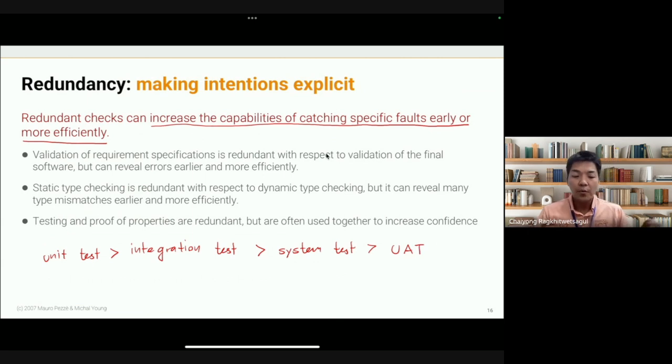So you perform both verification and validation on the same software many times, so that you are making sure that all the possible faults are caught early on in every single step.